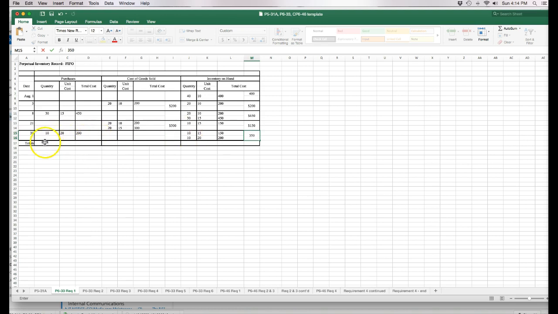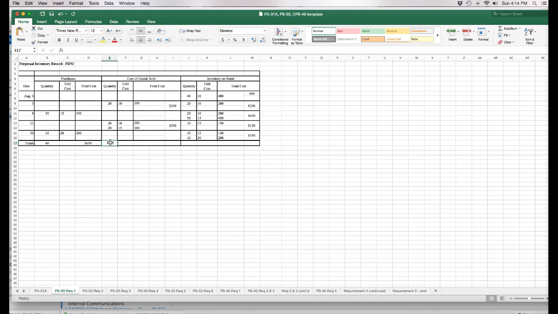The last row that you want to complete is your totals. And all you have to put in here is the number of units and the dollar amount. So we purchased a total, I'm sorry, that's incorrect. We purchased a total of 40 units for $650 altogether.